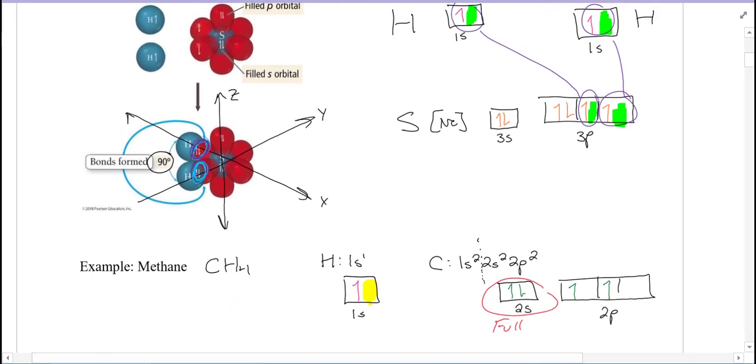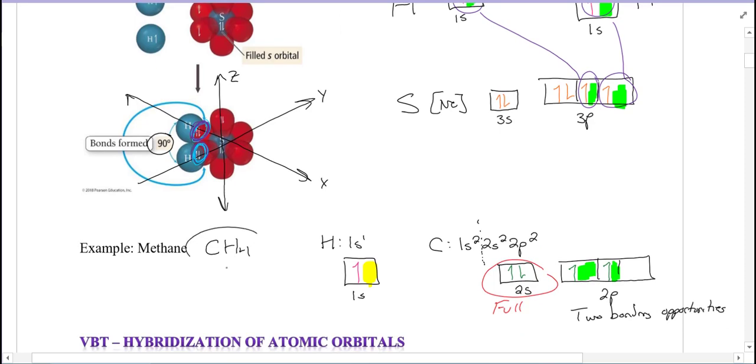I technically only have two bonding opportunities for carbon. However, we know methane exists, and we know that there are four equivalent CH bonds. So something else has to be happening.